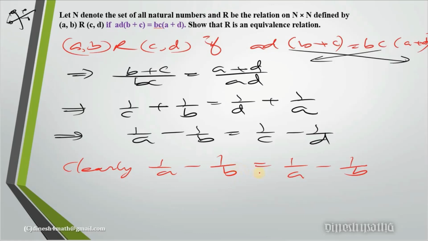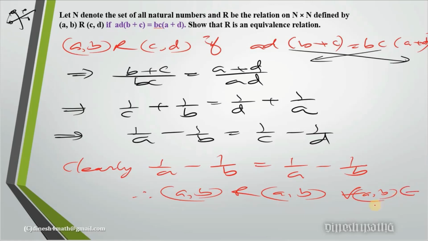So 1/A − 1/B = 1/A − 1/B. This gives what? (A, B) is related to (A, B) for every (A, B) in the given set N × N. Hope you got why I wrote this, because I need to get AB related to AB itself, that's why I'm writing the same elements. Therefore, R is reflexive.